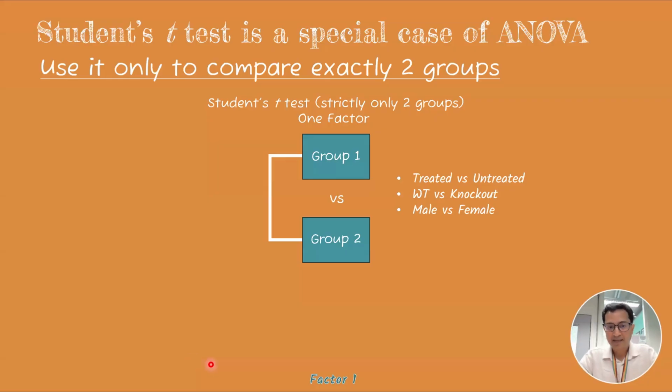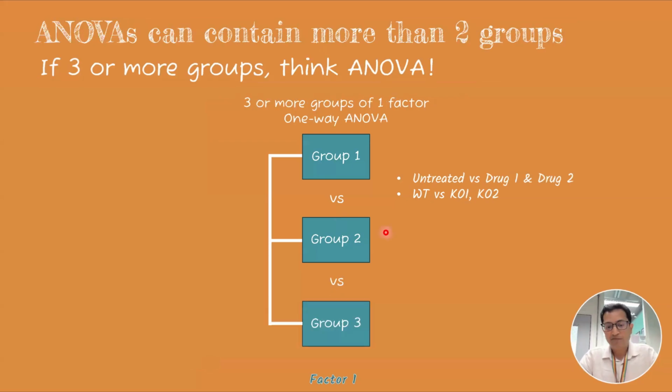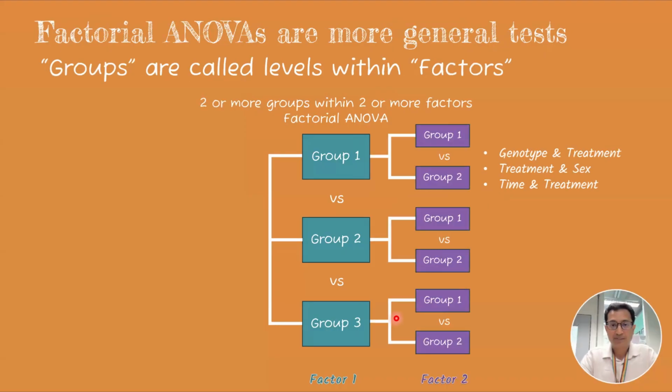So this is, for example, when you have one factor and a couple of groups, it's a simple experiment. Quite often we have more than two groups, and so it's good to think of these as ANOVAs in general. For example, you may have a control and a couple of different treatments. But many experiments are even more complicated. You may have groups within groups.